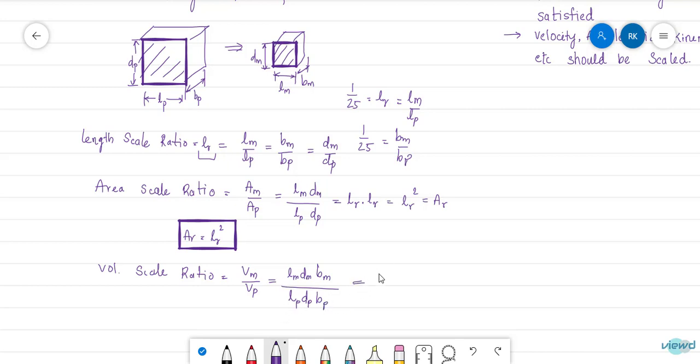So LM by LP means LR, DM by DP is LR, and BM by BP is also LR. So LR cube. Volume scale ratio, represented with VR, is equal to LR cube. Now this is about geometric similarity.